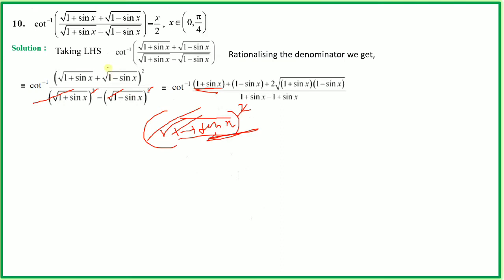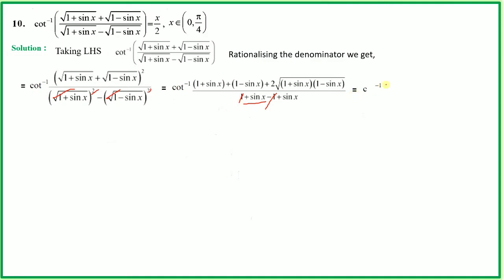Similarly, b square is under root 1 minus sin x whole square, the square root cancels, then 1 minus sin x plus 2ab. A is under root 1 plus sin x and b is under root 1 minus sin x, that you have already written. And the denominator, as I told you, this cancels. So 1 plus sin x minus 1 plus sin x. So this minus 1 and plus 1 cancel.